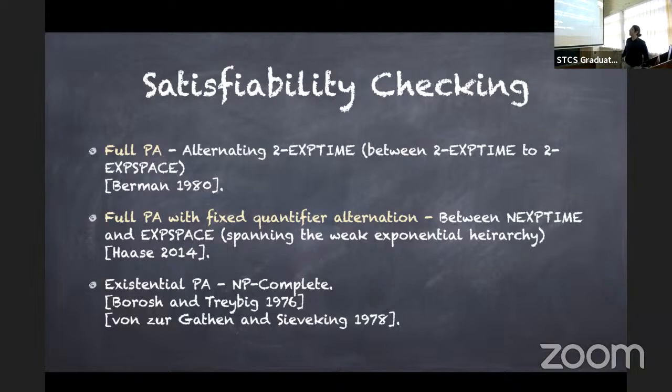For example, we know that full Presburger arithmetic is alternating doubly exponential time, so it's definitely between 2EXPTIME and 2EXPSPACE. This was a result in the 1980s by Berman. And full PA with a fixed number of quantifier alternations is between non-deterministic exponential time and EXPSPACE. It basically spans the whole of the weak EXP hierarchy. This was by Haase in 2014.